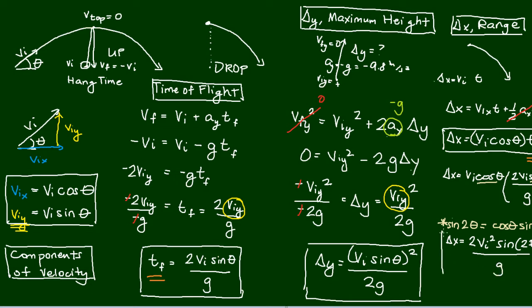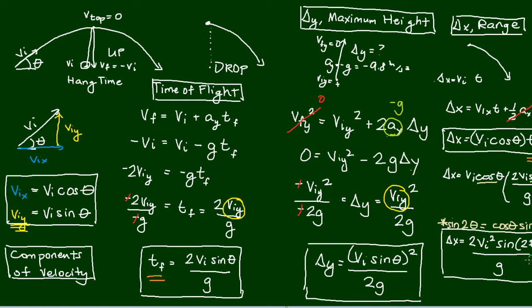So in order to get the range of your projectile, all you have to do is get Vi, get the angle, and plug it into this equation. You just have to multiply the angle by 2, and you can simply get delta x.